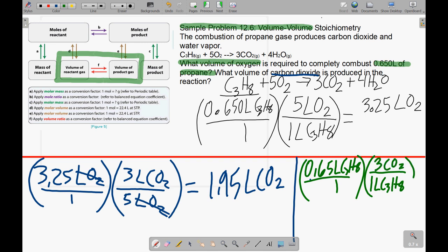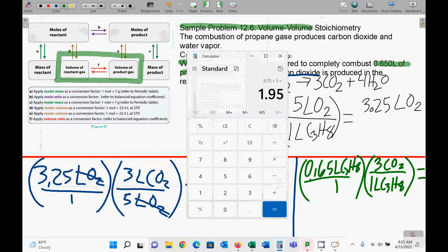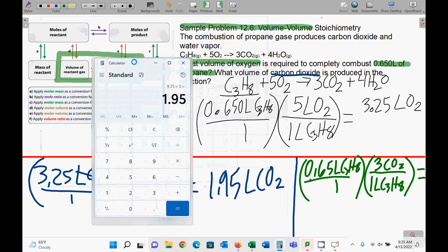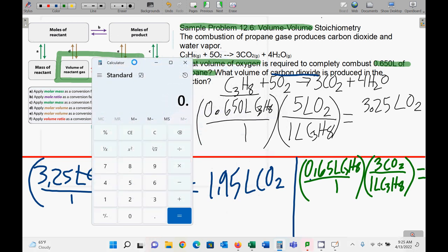And so again, we're multiplying 0.65 times 3, but this time we're dividing by 1. Alright, and so that gives us 1.95 liters of carbon dioxide.